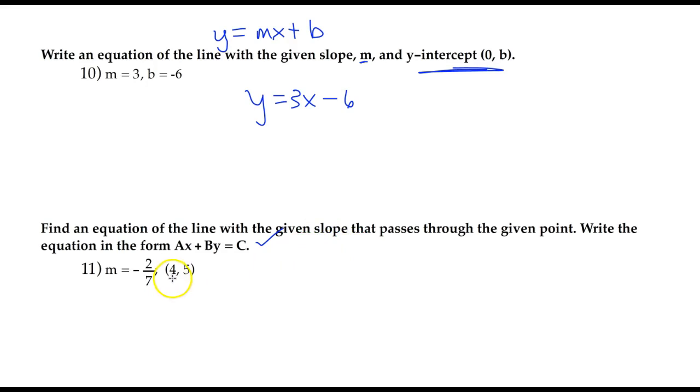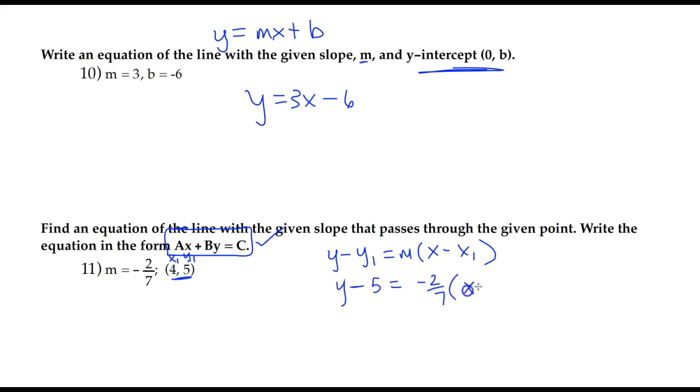A simple way to do this is we could take the point that we have, call this x1, y1, and take the slope and use the point-slope form to get this into a valid equation of a line, and then we're just going to rearrange it to make it look like this. So our y1 here is 5, our m is negative 2/7, and our x1 is going to be 4. Okay.